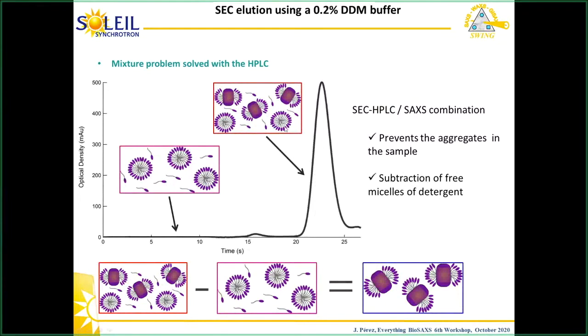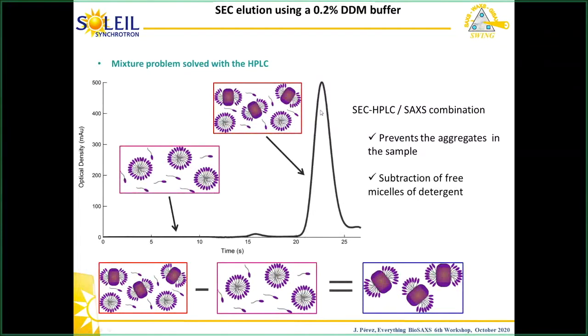And when you elute your sample, the proteins will elute faster than the free micelles, so they will travel along the column environment where the concentration of free micelles will be constant because the column was equilibrated.